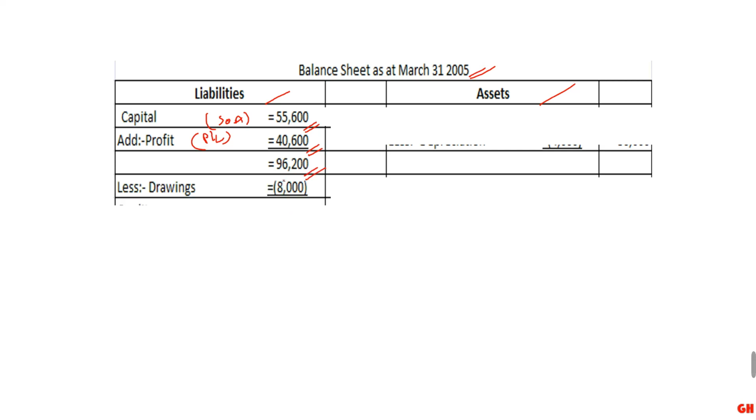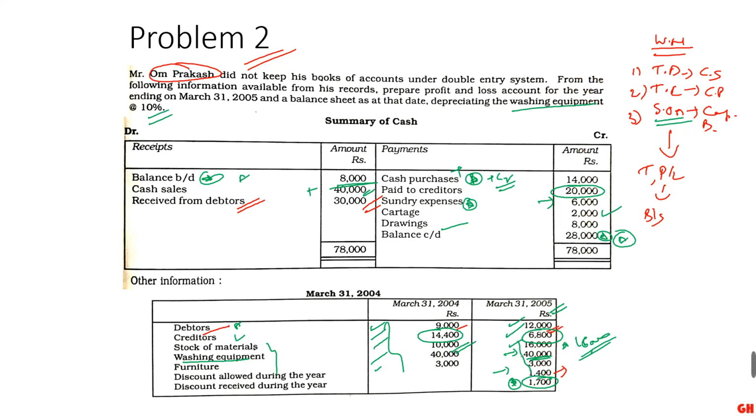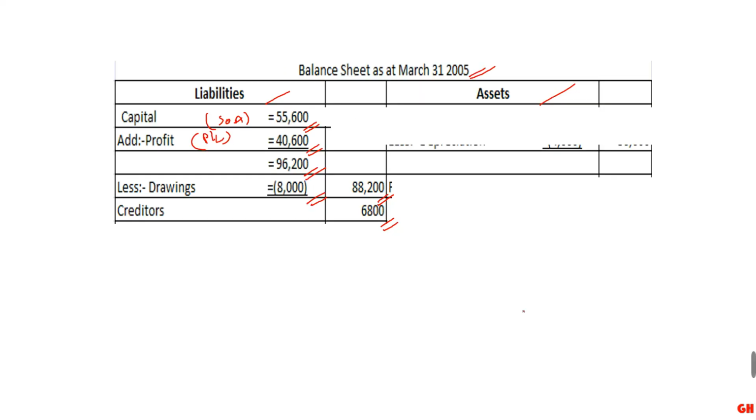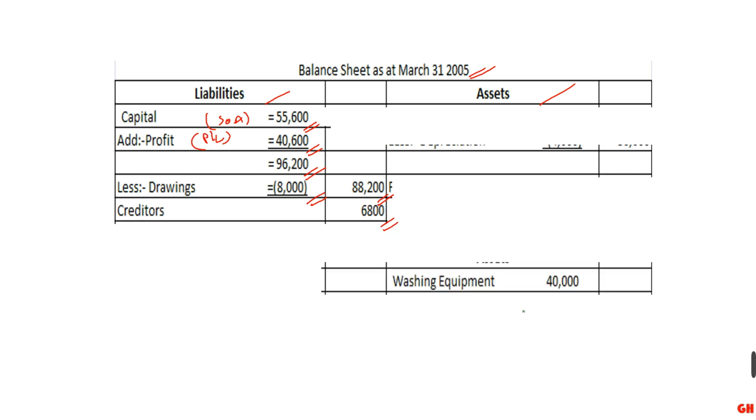From this we will deduct drawings 8,000 rupees, and finally your capital for this year is 88,200. Now moving on to the next item, creditors, 6,800 we have taken from this information. Creditors 6,800. This is the balance which is supposed to be paid by Mr. Om Prakash, so he may be paying next year 6,800.